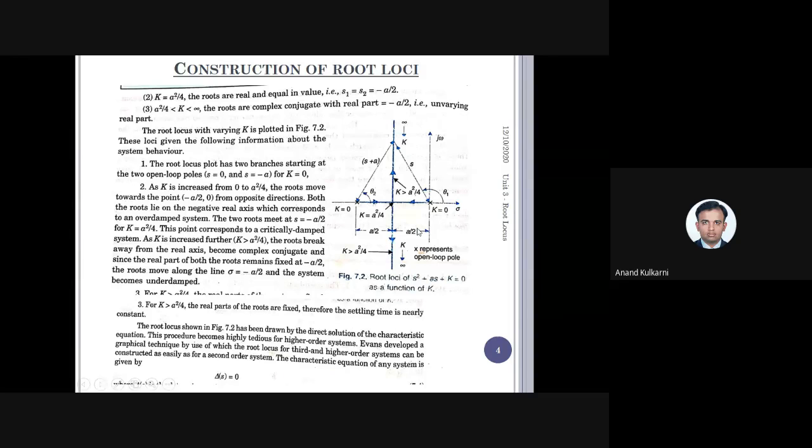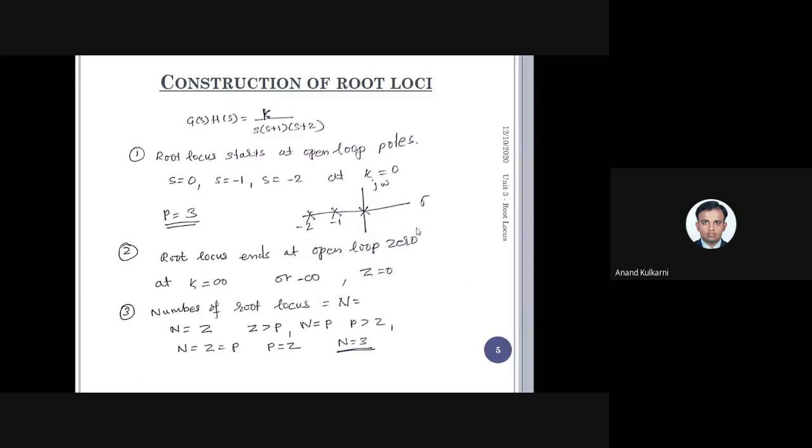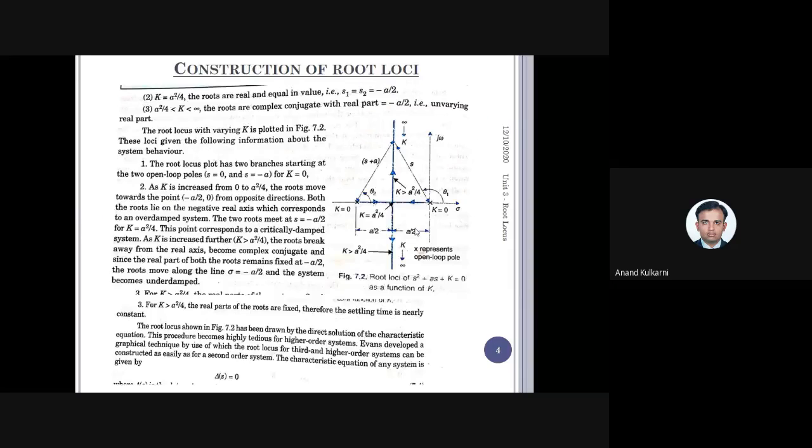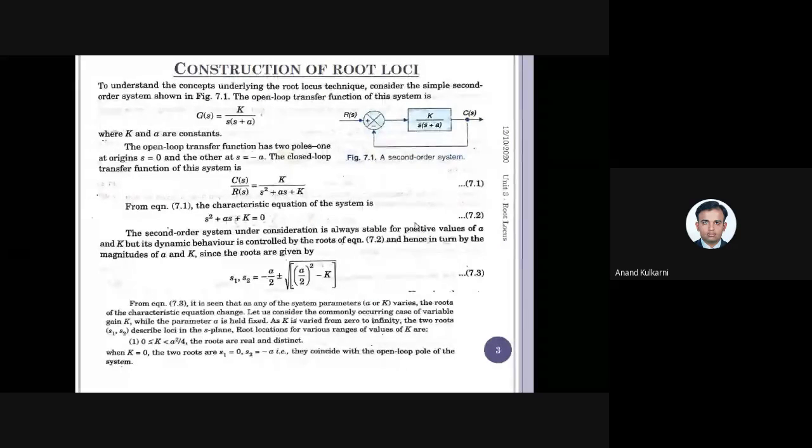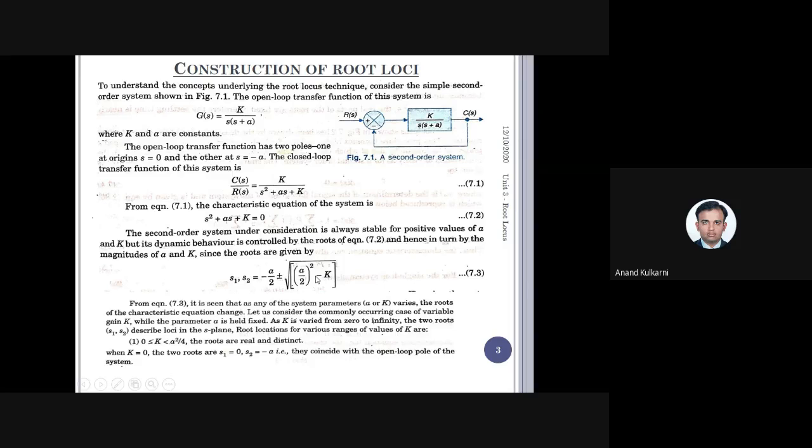Then the next value I will put for k. Now k is greater than 0, it goes on increasing. When k is greater than 0, this negative quantity goes on increasing. When the negative quantity goes on increasing, this under root quantity goes on decreasing.